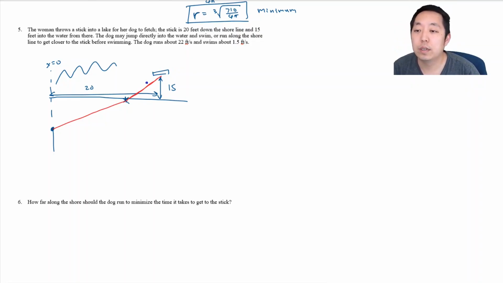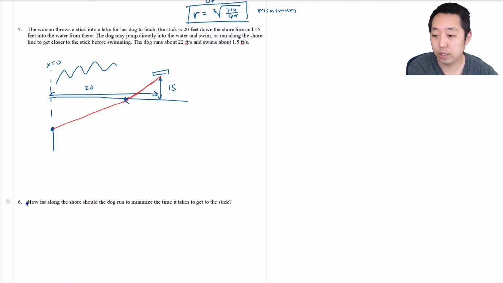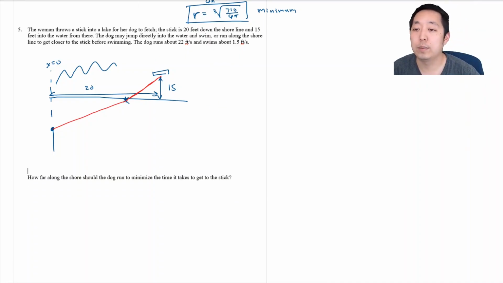Sorry, it should be how far along the shore. Sorry, let me fix this. It's all part of the question here: how far along the shore should the dog run to minimize the time it takes to get the stick? This is what we're trying to do: create an equation that minimizes the time it takes to get this stick.